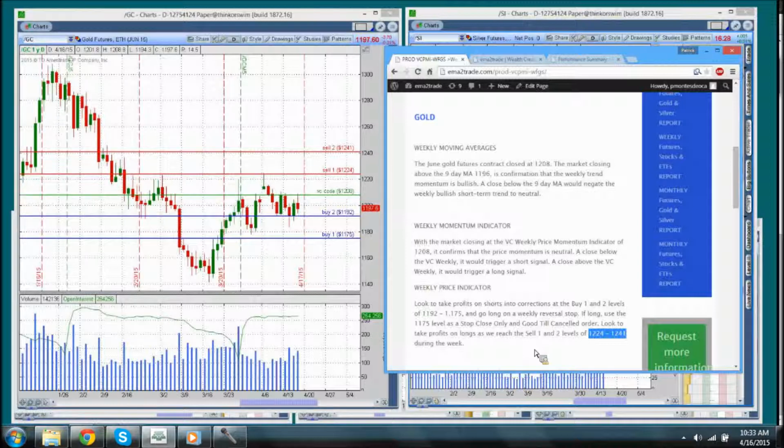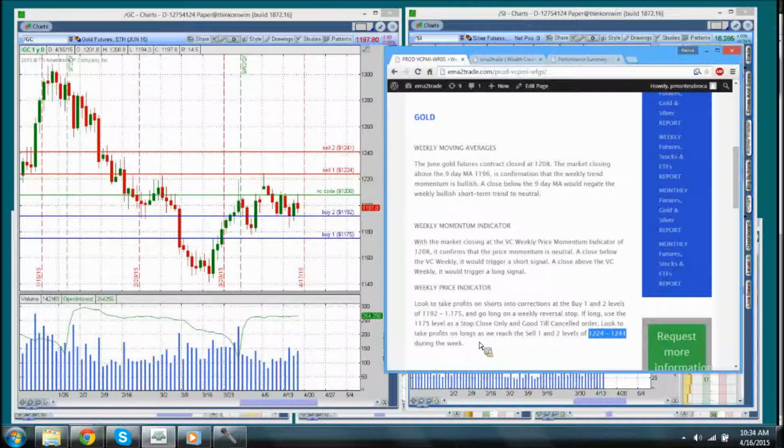We are waiting now for the price action. We did take some profits, partially, and we are looking for the market to trade above 1208, so we can activate the sell stops of 1224 to 1241 for the June gold contract.